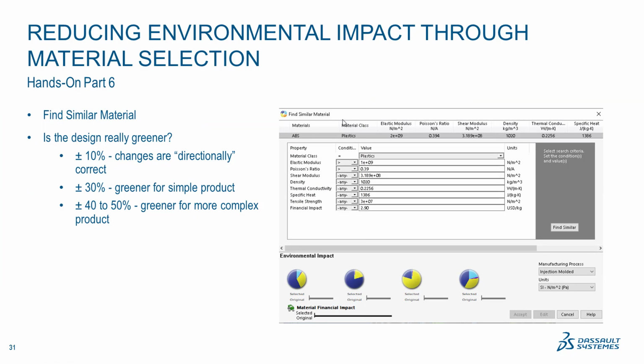One thing to note is that we have seen changes in the environmental impact across the four environmental damage categories. When the change is plus or minus 10%, you can consider that change to be directionally correct. So you're probably going in the right direction, but it does not necessarily guarantee that the change that you made results in a quote unquote greener product.